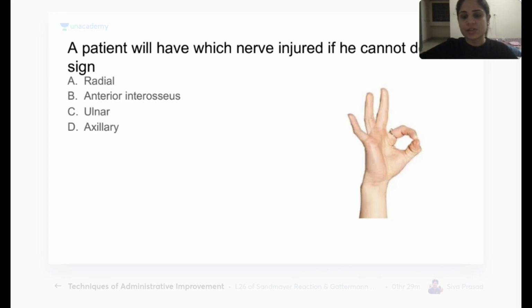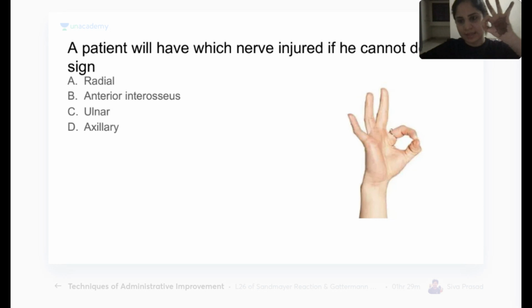A patient will have which nerve injured if he cannot do this sign? Okay, so what is the sign called as?